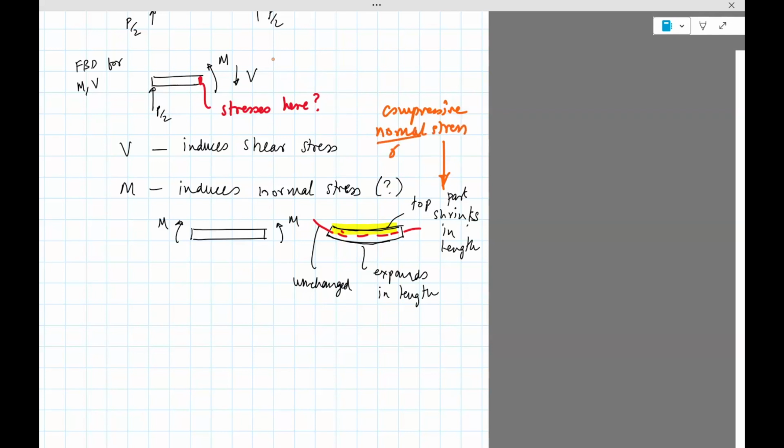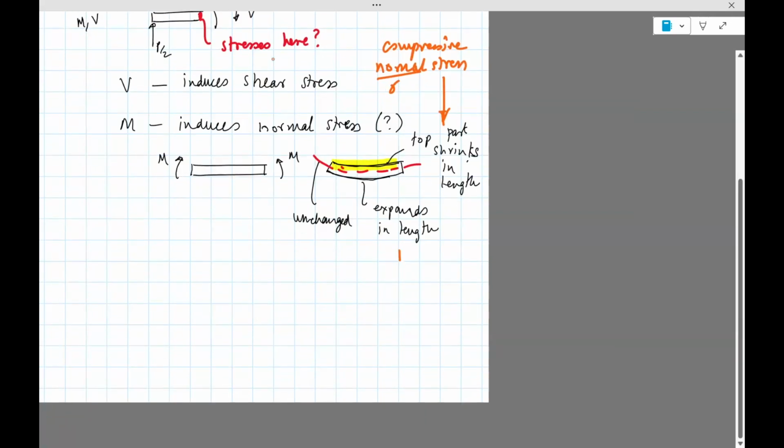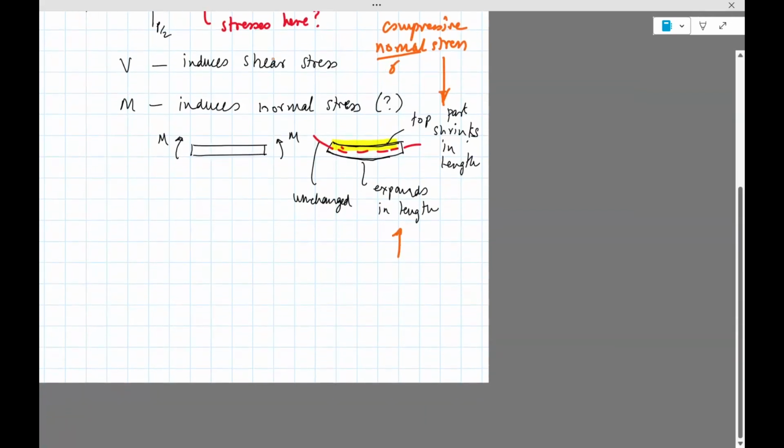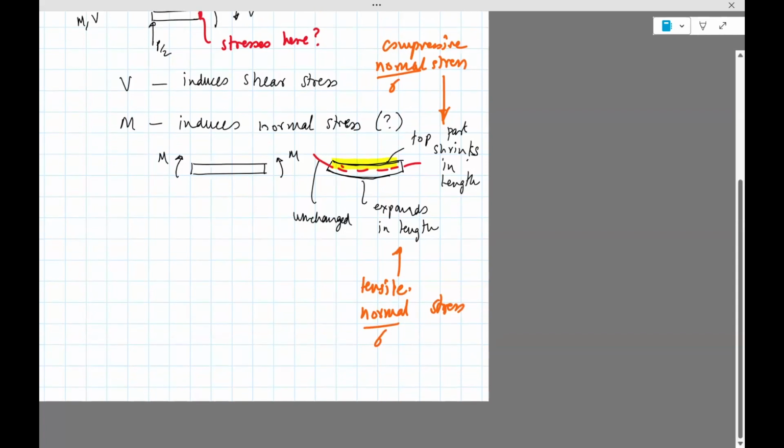Normal means sigma, and the bottom part is under tensile normal stress because it's expanding. Again, this is sigma. So this is how M, which you might think has nothing to do with normal stress, is actually inducing normal stress. We can infer it from the change in length, or the strain. We'll go deeper into this.